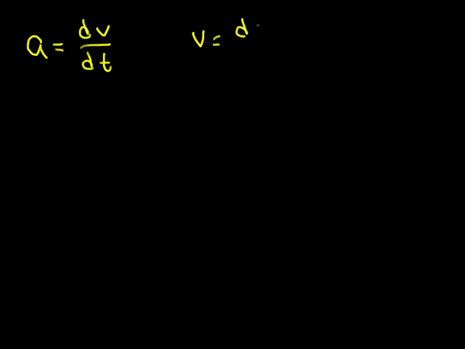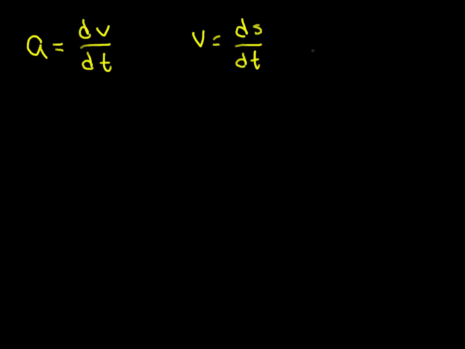So as I said in the intro, we know that acceleration is the rate of change of velocity. So acceleration, we'll denote it by, say, a, is equal to the rate of change of velocity. But velocity is a derivative, we know it's the rate of change of our position function.